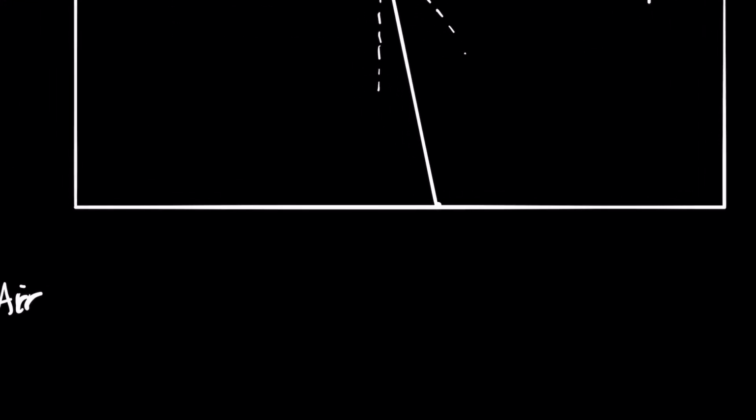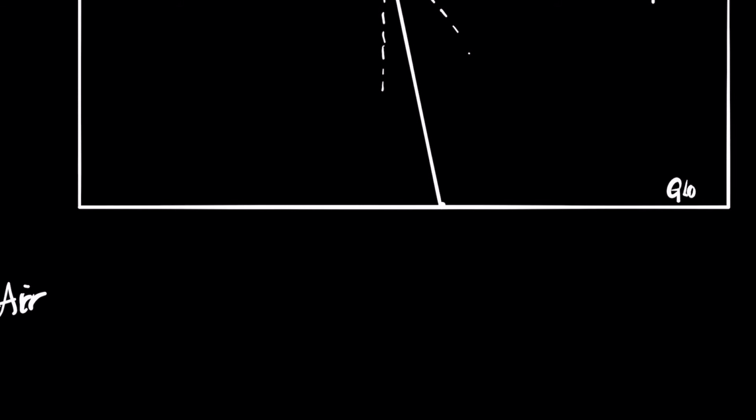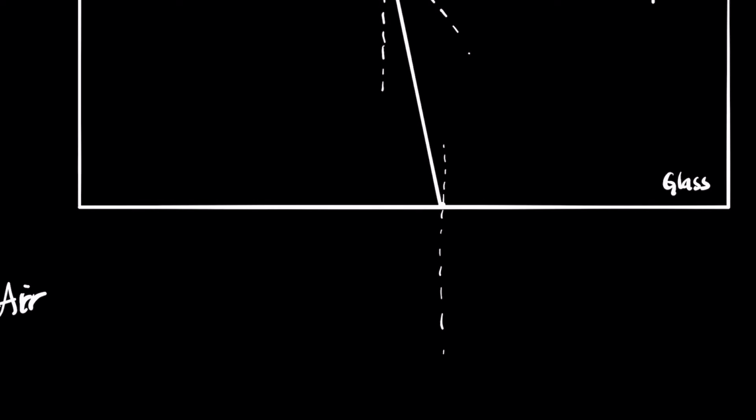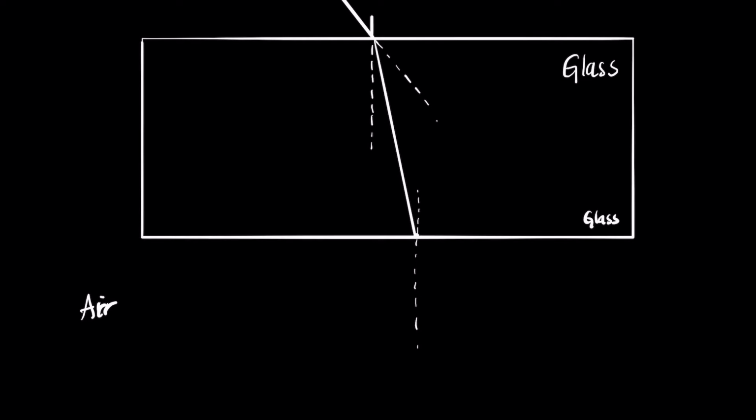On the bottom part of this glass, again you have a glass and air barrier. Now when you draw the normal, notice that it's going from glass into air, so it refracts away from the normal.